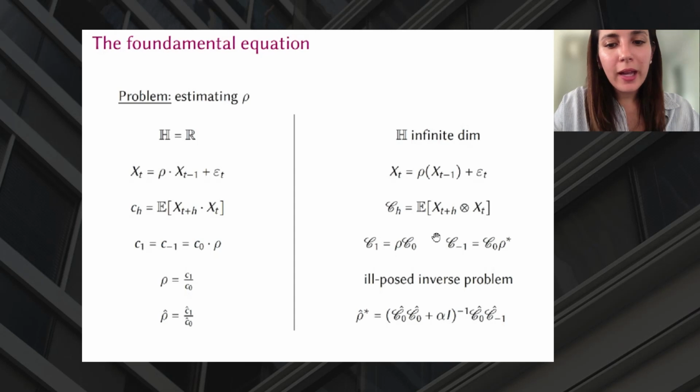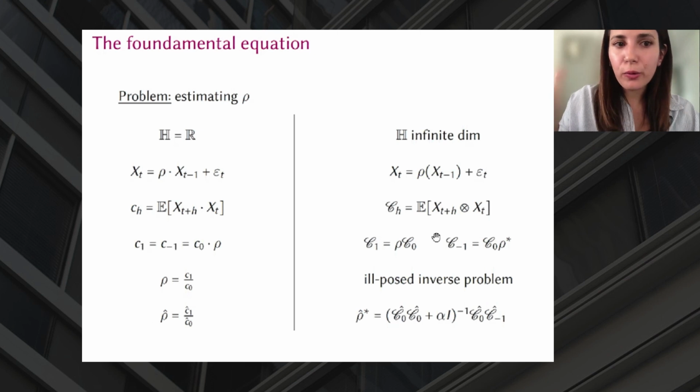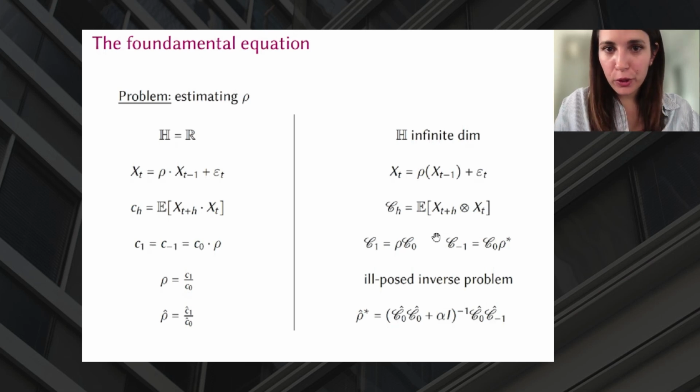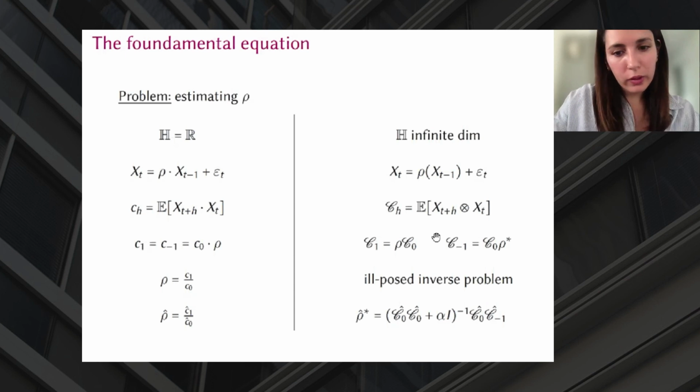While here, the nice thing is that with this approach, we can be very, very general. So we just need an estimator for C0, an estimator for C1 or C minus 1, and the rate of convergence of them, and the result follows.